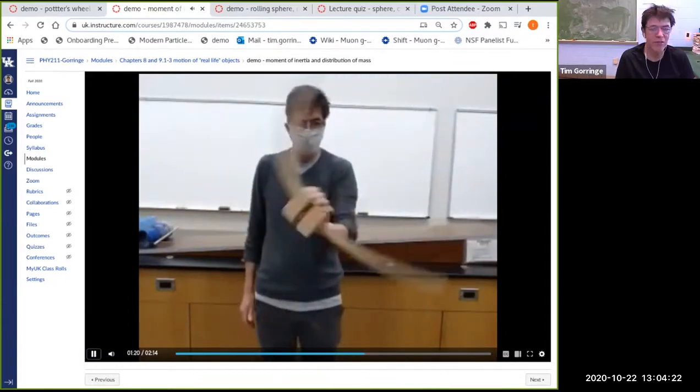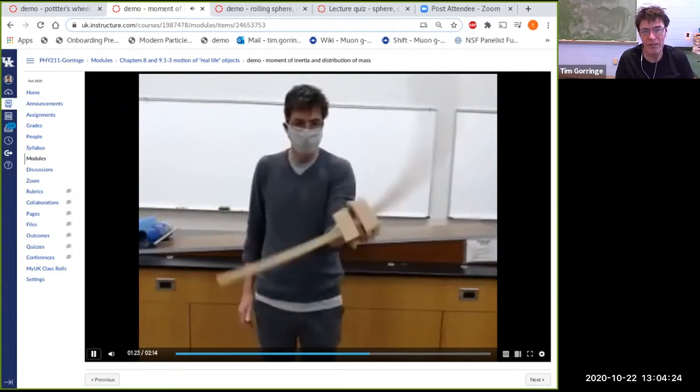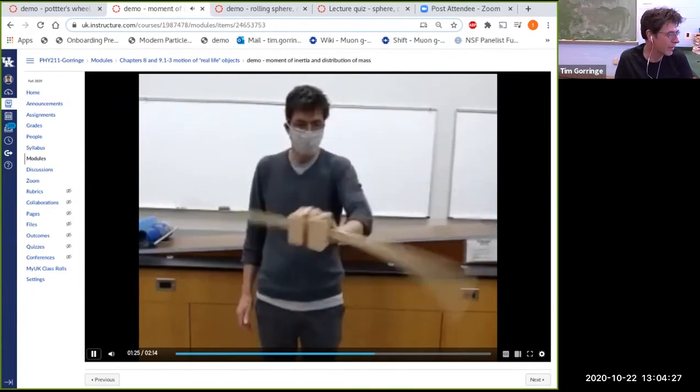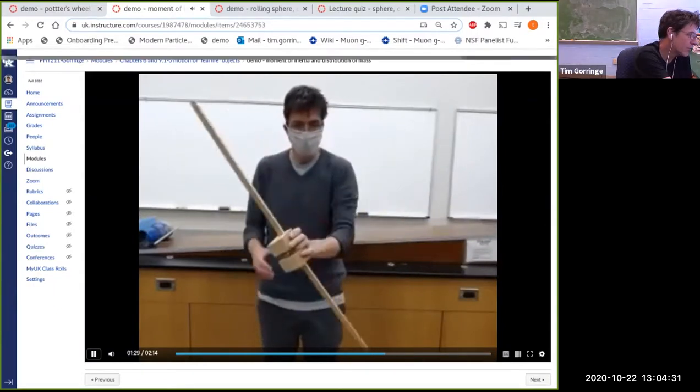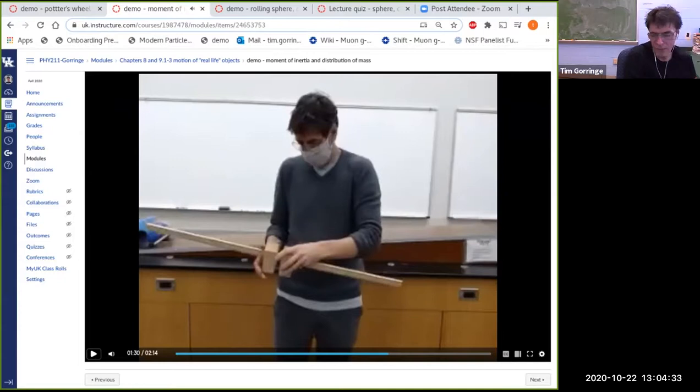And look, so easy. It was just so easy to rotate it, change its rotational motion. So that's a small moment of inertia. And so that's a demonstration of moment of inertia, and how it depends on mass, but it also depends on the location of the mass.